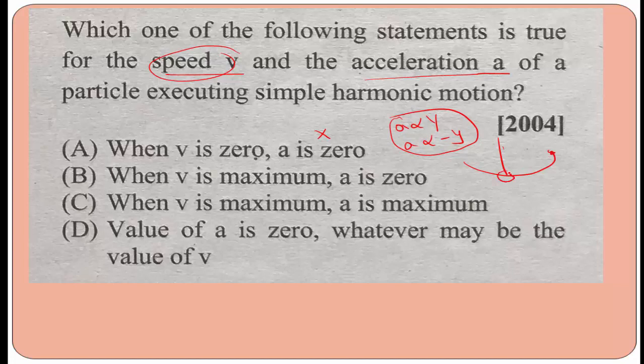Here also the acceleration is 0. When the velocity of the body is maximum, acceleration becomes 0. This is right. When v is maximum, a is maximum. No, wrong. The value of a is 0, whatever may be the velocity v. So option C is the right answer.